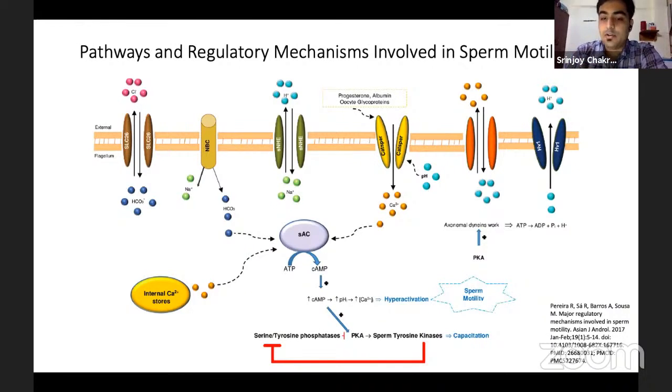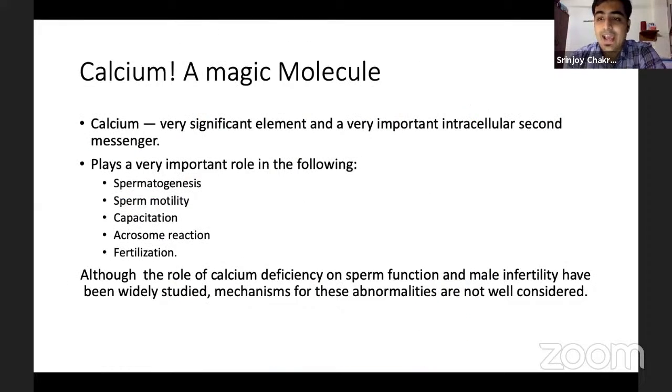They play a very important part in sperm motility, but we are mostly focused on how calcium ions are transported inside the cell by the cell membrane proteins or channels, and also the internal Ca2+ stores. Now, calcium is a magic molecule. It is a very important element, but it's also a very important intracellular messenger.